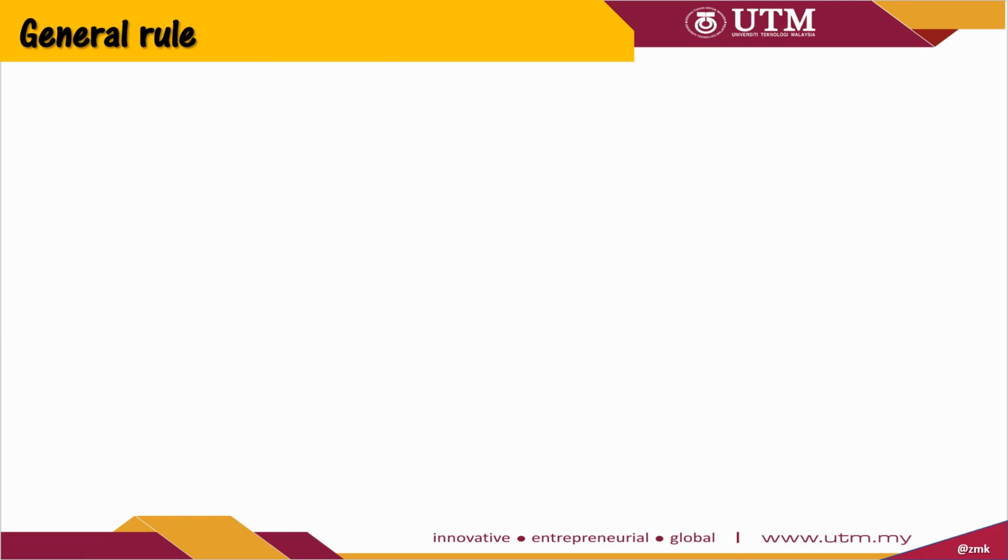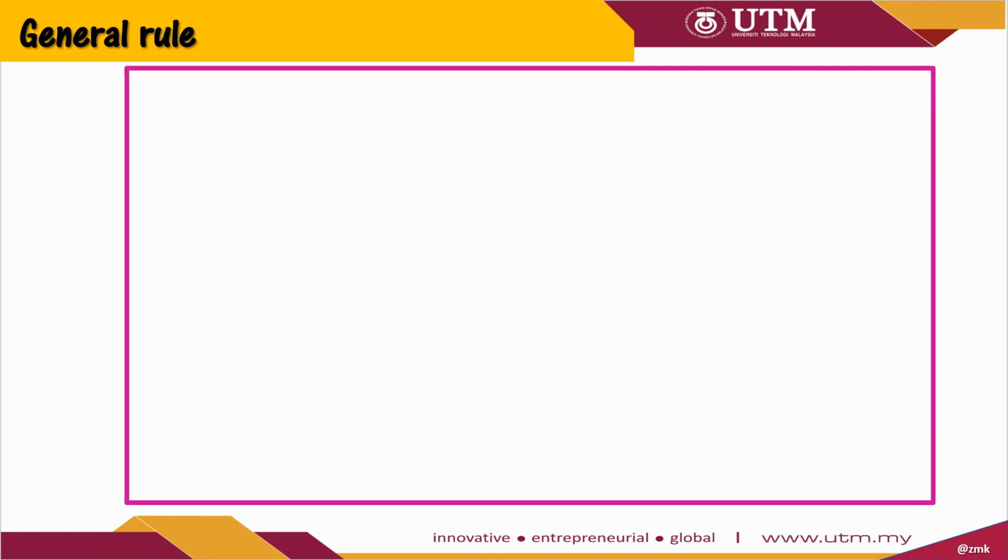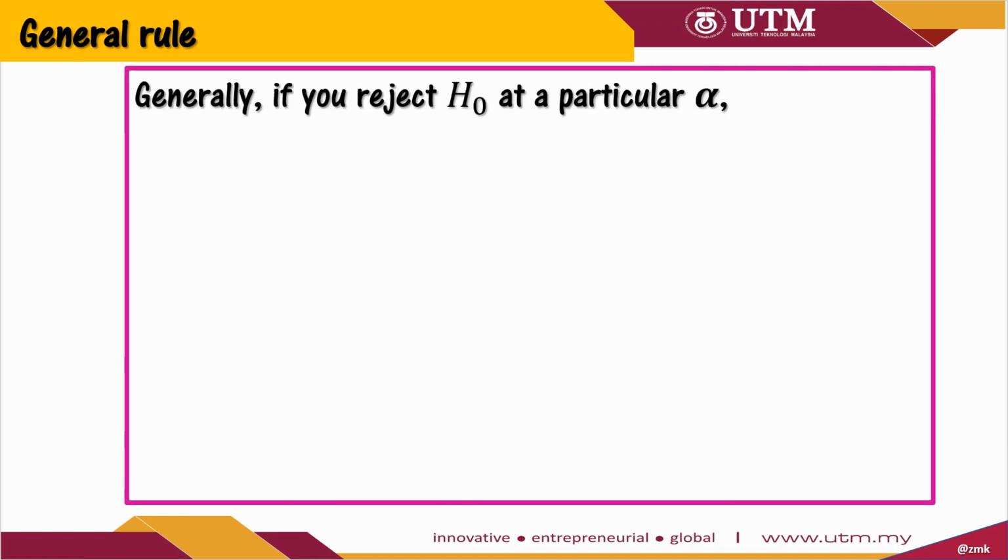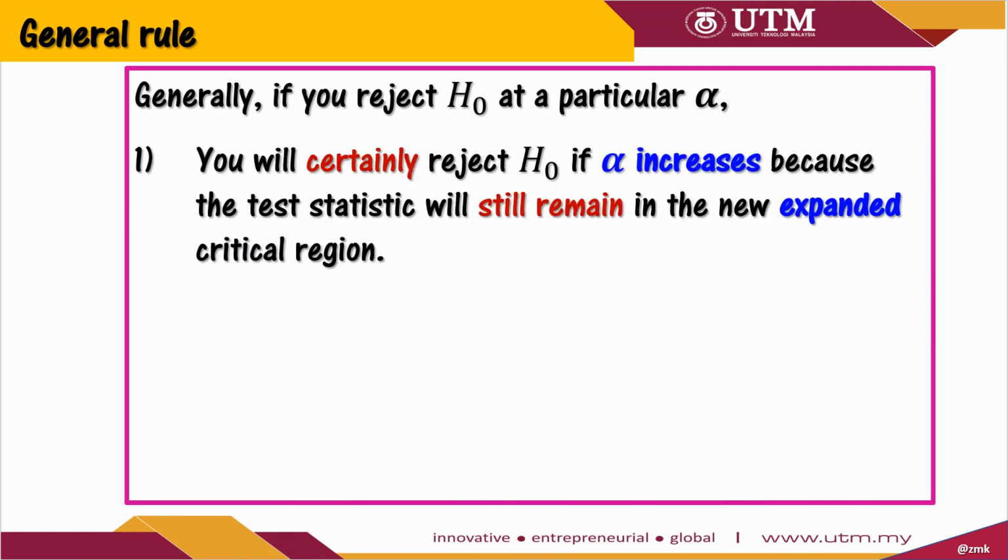Let's look at a general rule for a statistical test. By and large, if you reject H0 at a particular level of significance alpha, you will certainly or definitely reject H0 if alpha increases, because the test statistic will still remain in the new expanded critical region.